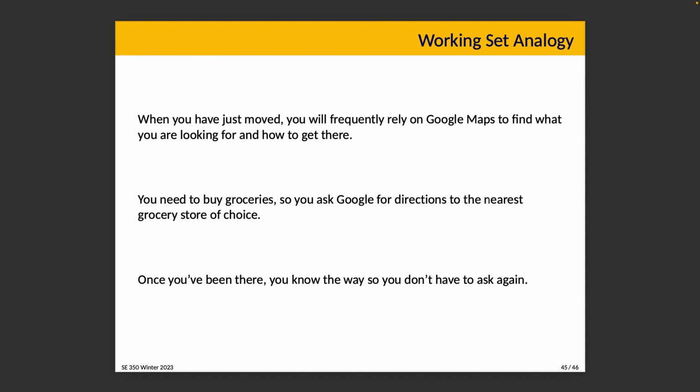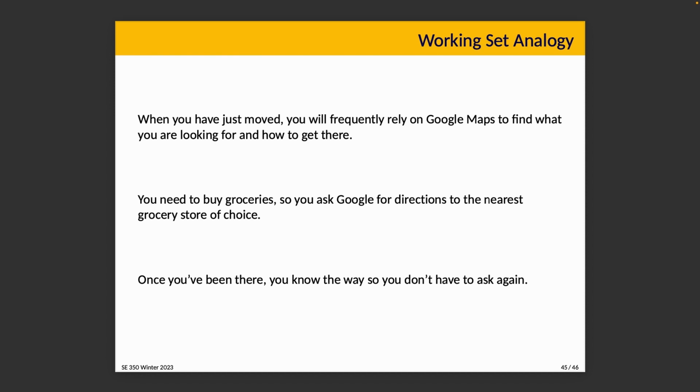And once you've been there, you've established a certain level of familiarity with the place, right? Once you know the way to the grocery store, it is part of your working set. And you don't have to ask Google again. I mean, you can, but when you go places frequently enough, you've learned where they are, you remember how to get there. You don't have to check into it every single time, right? And you did the same thing at university.